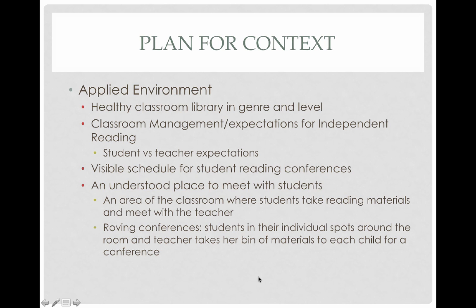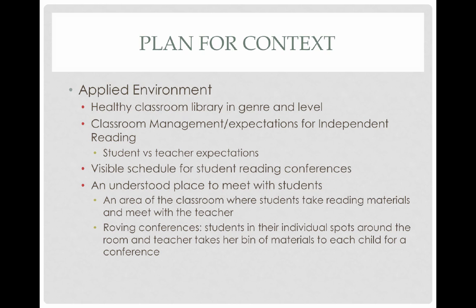The plan for context. The applied environment would be a healthy classroom library, both in genre and in reading levels, and some kind of classroom management system, clear with expectations for independent reading. This would outline what students should be doing versus what teachers should be doing.